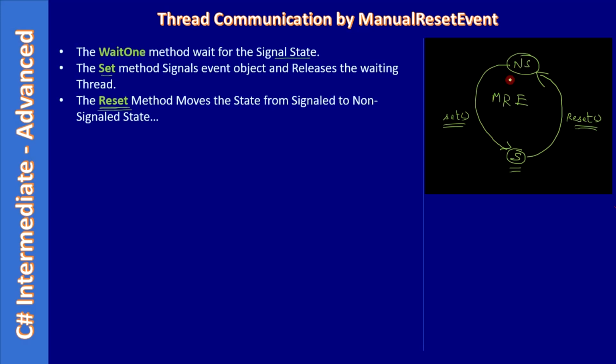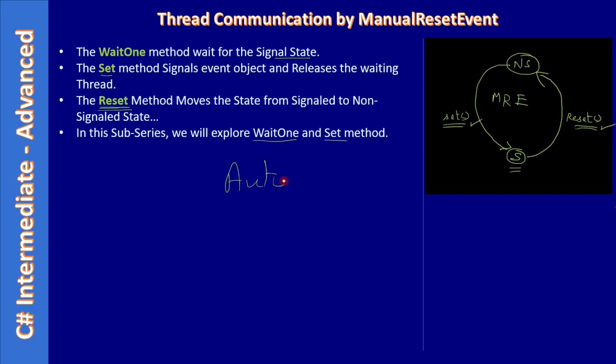So we know that any waiting thread, once it gets signaled, will get released from WaitOne. And here, since there is no automatic reset, we need to manually call Set and Reset. In this subseries, we will explore the WaitOne and Set methods on AutoResetEvent.